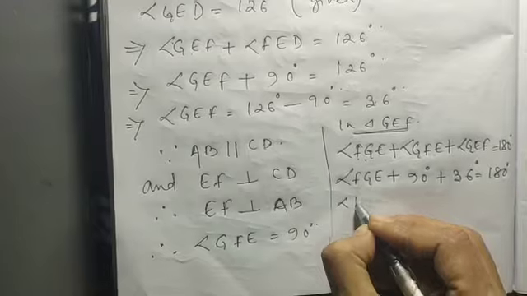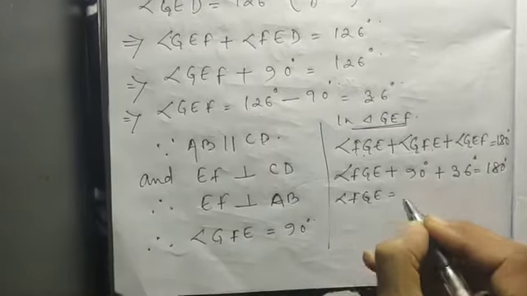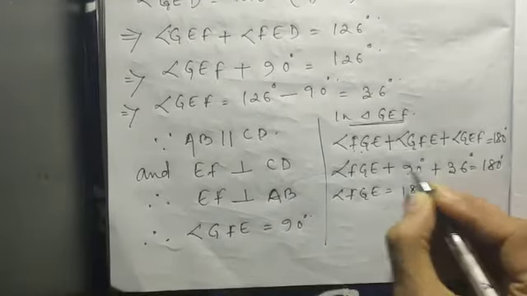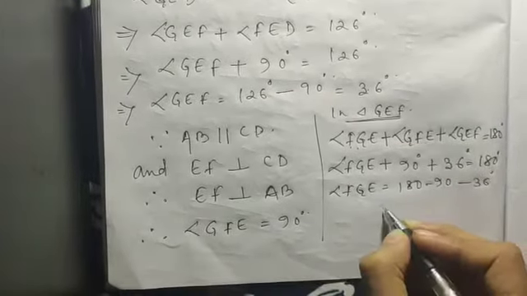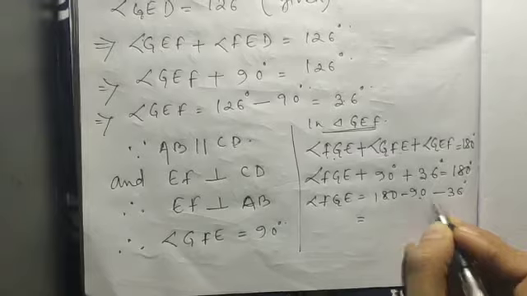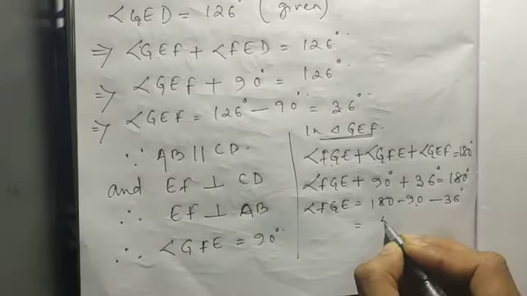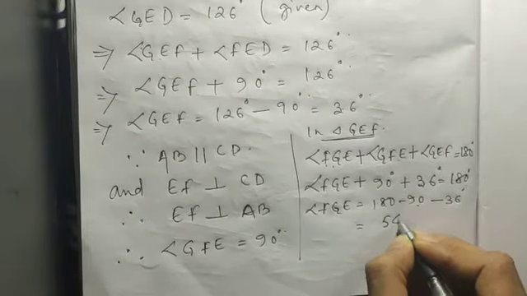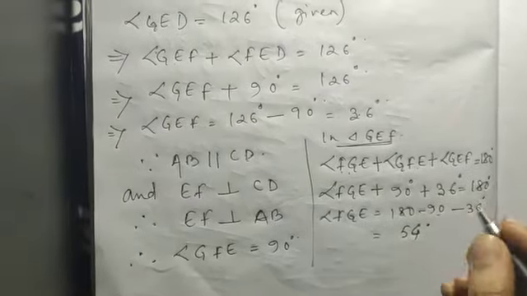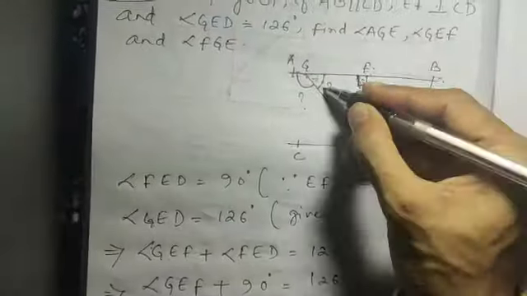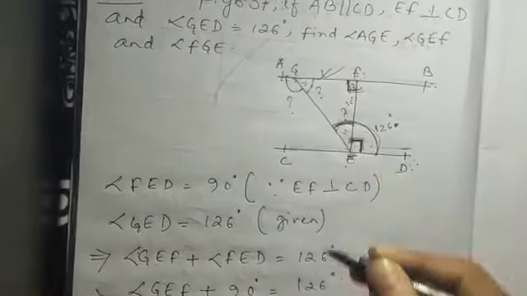So angle FGE is equal to 180 minus 90 minus 36. How much will it be? 180 minus 90 is 90. 90 minus 36 is 54. So in this way we got the FGE also. This angle is done.